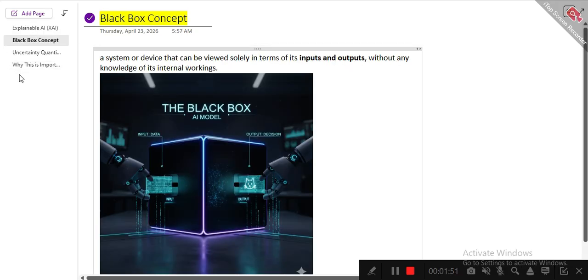A black box is a system or device that can be viewed in terms of its inputs and outputs without any knowledge of its internal workings.